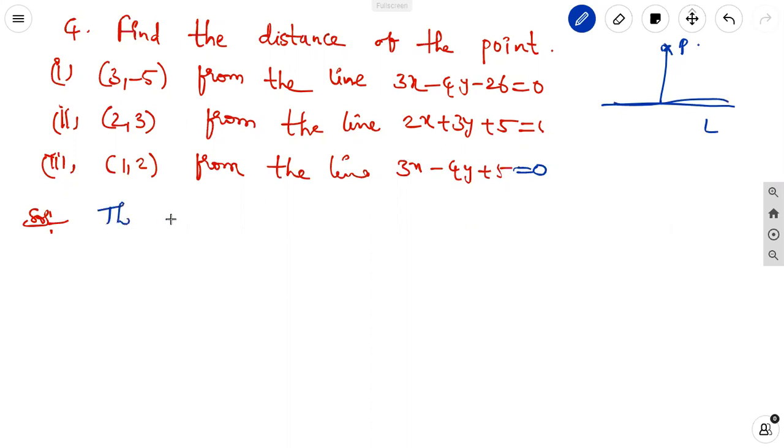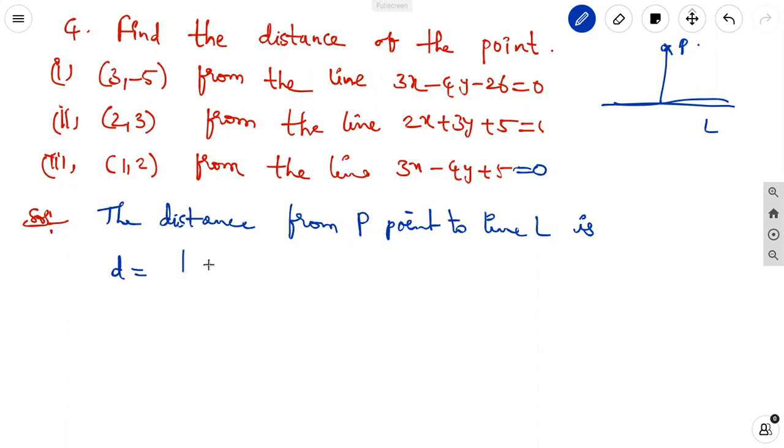The distance from point P to the straight line L is D equal to modulus of (ax1 plus by1 plus c) by under root of a square plus b square.